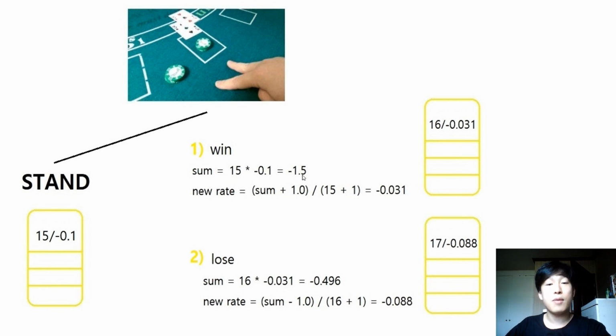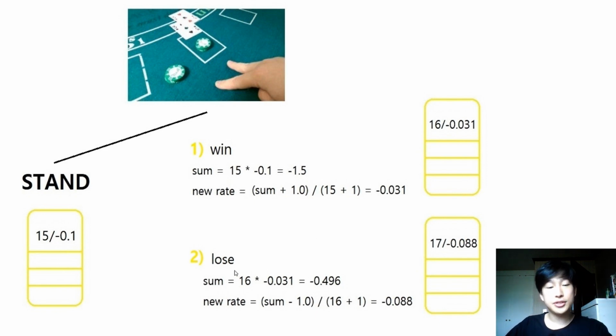It's going to be minus 1.5, and you add 1 to it because you won the game. This value can be more than 1 because if you double down or win multiple hands, you have an additional bet. And you divide it by the new trial number, which is the original trial number plus 1. And then you're going to get this new winning rate.